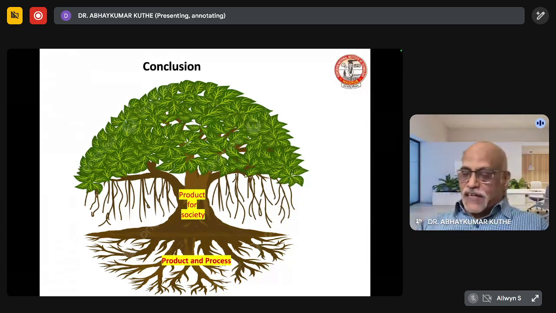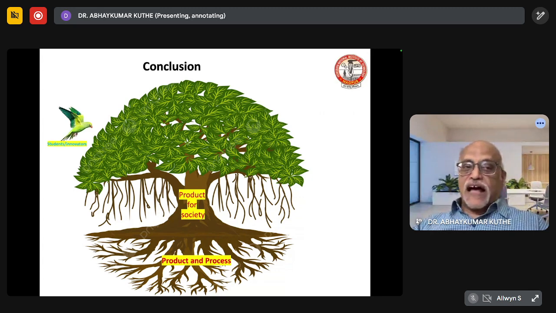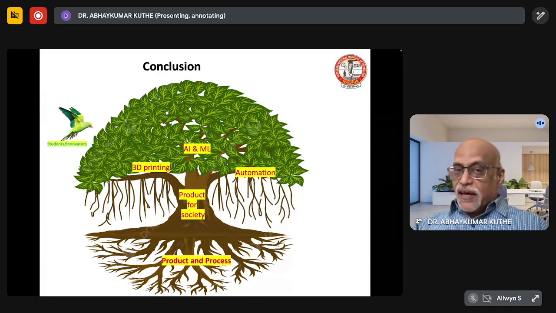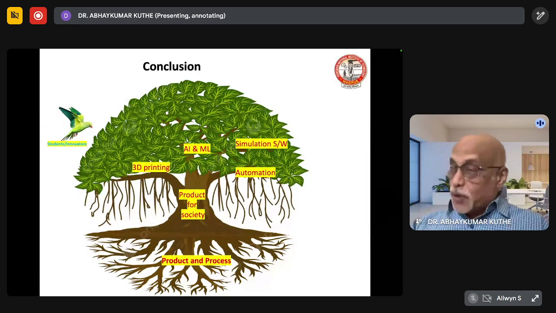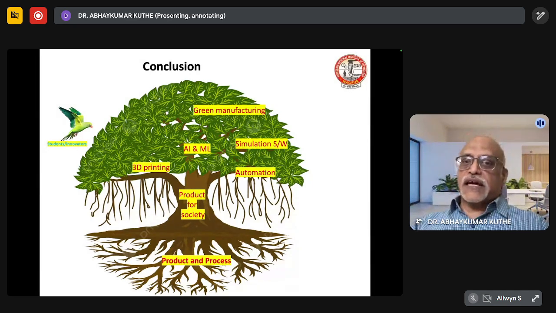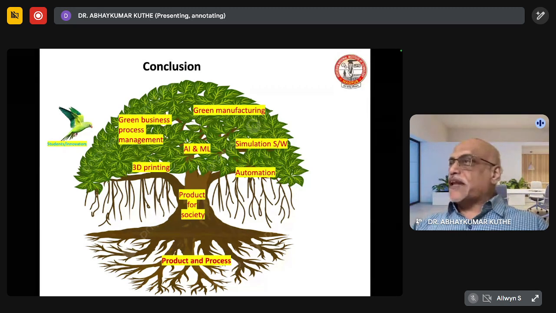Now, that product for society, once it is in the field, then you ask the innovators or students to come and sit on that, work on that particular product, and use various tools like 3D printing, the way we have seen, then maybe AI and ML, the way we have already discussed, then automation, and maybe the simulation software, about which again we have discussed, maybe green manufacturing, like how the environment will not get affected because of our process, or green business process management.